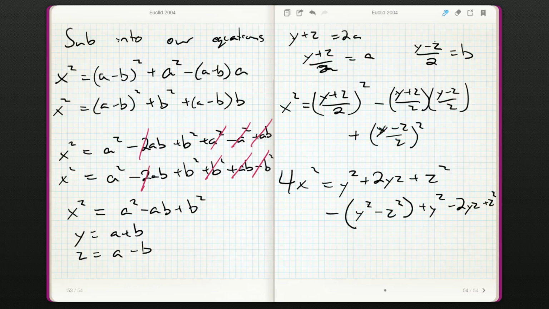Let's clean a little bit of this up. 2y squareds minus a y squared, that's just going to be a y squared. The 2yz and the minus 2yz cancel each other out. Then we'll have z squared minus negative z squared plus another z squared. So by keeping the z not being a 5, I do have this relationship right here.